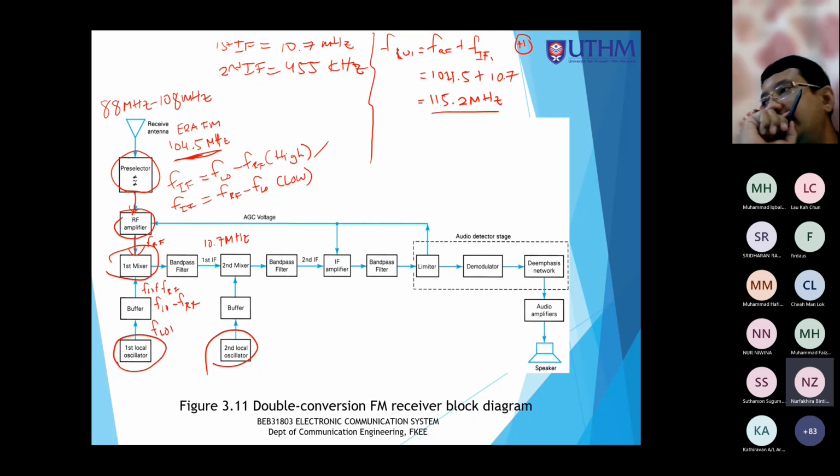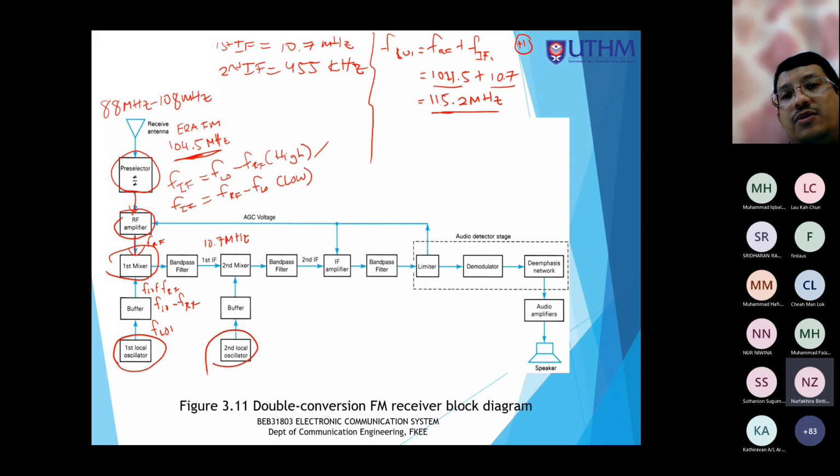Okay, this is if I use a high side injection. High side injection means my local oscillator frequency is higher than the input RF frequency that I want to listen to. I want to listen to 104.5 and I want to produce the first IF centered at 10.7.